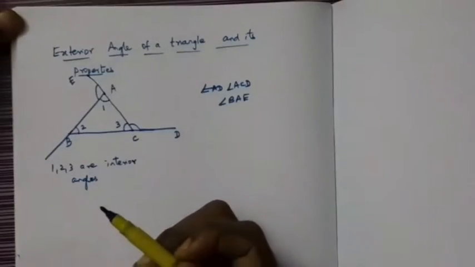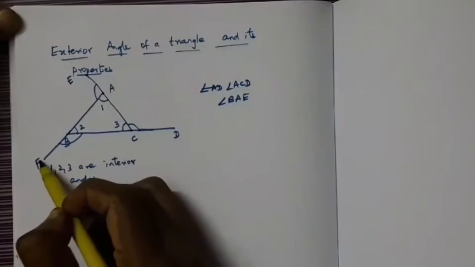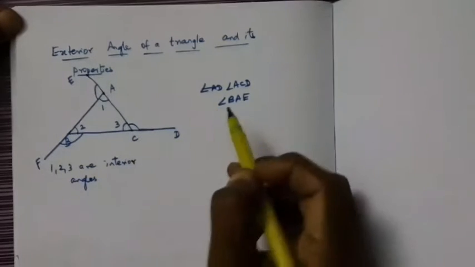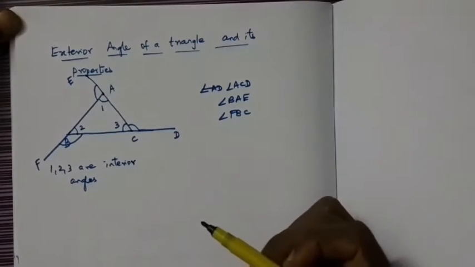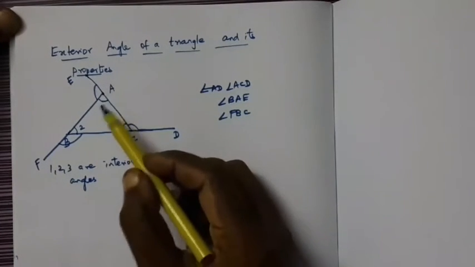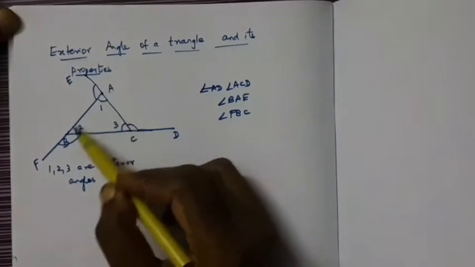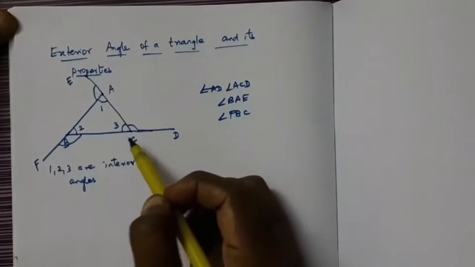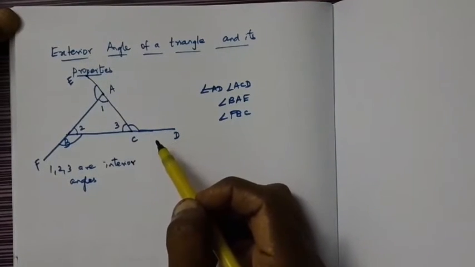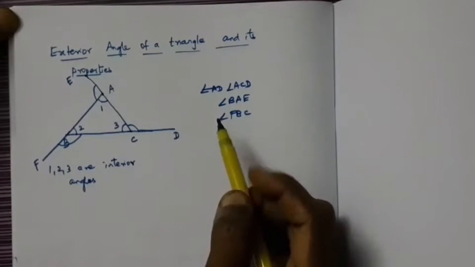Similarly, if I extend this line, this angle from here to here, angle FBC. All these three angles are called exterior angles. Angles inside the triangle, angles 1, 2, 3, are interior angles. Angles formed outside the triangle by extending the lines are called exterior angles.